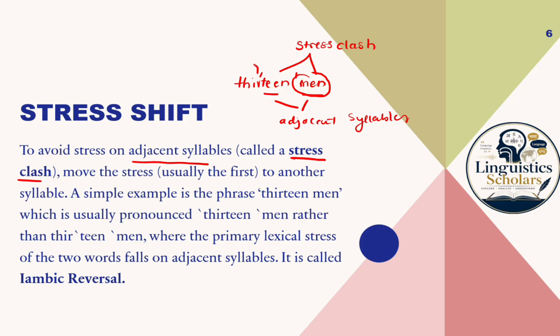As a result, we move the stress to the beginning of the word, and we usually pronounce it as thirteen men, rather than thirteen men, where the primary lexical stress of the two words falls on adjacent syllables. To avoid this stress clash, we usually pronounce the stress at the beginning of thirteen and at the beginning of men.